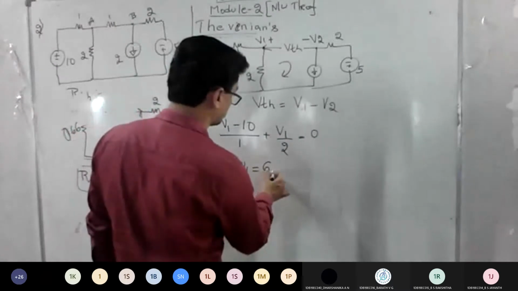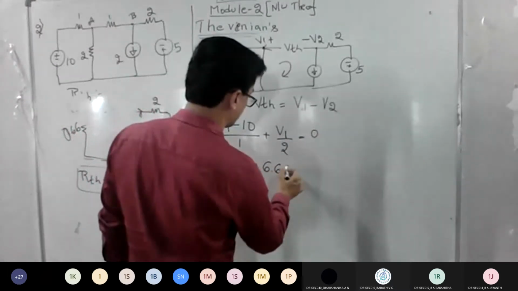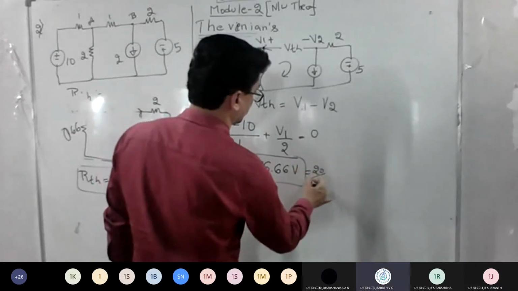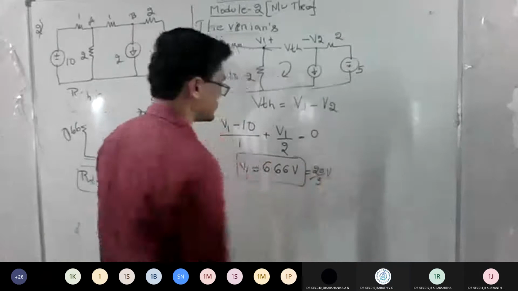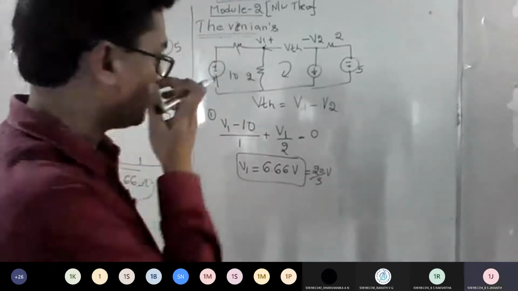Is it 20 by 3? Yes, sir, 10 by 1.5. Okay, 20 by 3 volt, so 6.66. Okay, good.